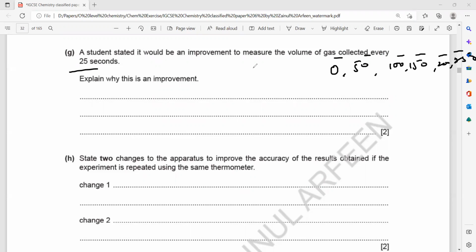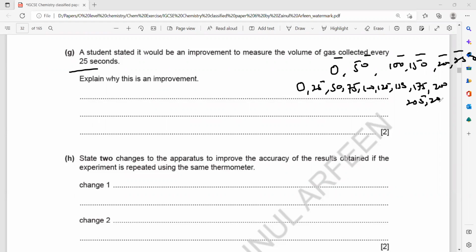No, you cannot mention average here. Average you can only mention when you repeat the same experiment with the same procedure, then you can take an average. But here we did the experiment with different time readings, like 0, 25, 50, then 75, then 100, 125, 150, 175, 200, 225, 250.